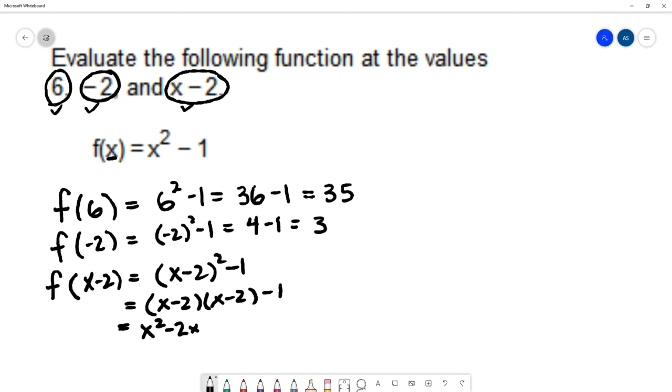Negative 2 times x is negative 2x. Negative 2 times negative 2 is a positive 4. And then I'll just carry down that minus 1 from above. I'm going to combine like terms. Negative 2x minus 2x is negative 4x, and 4 minus 1 is 3. So we get the expression x squared minus 4x plus 3 when we evaluate at x minus 2.